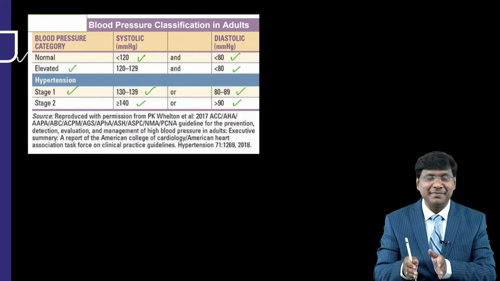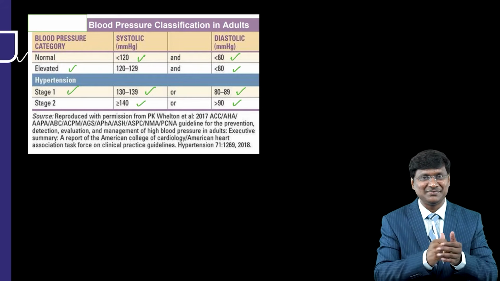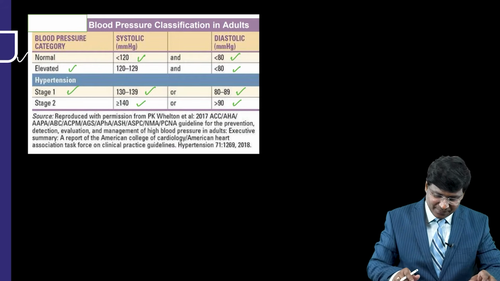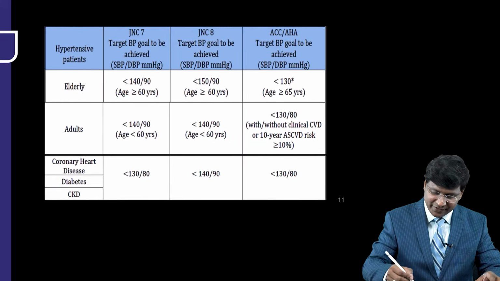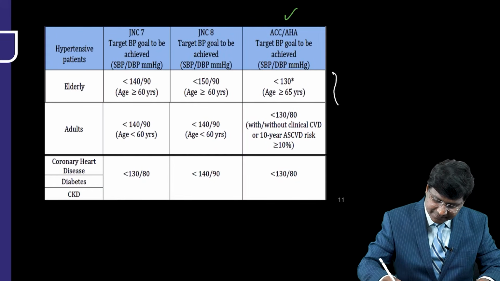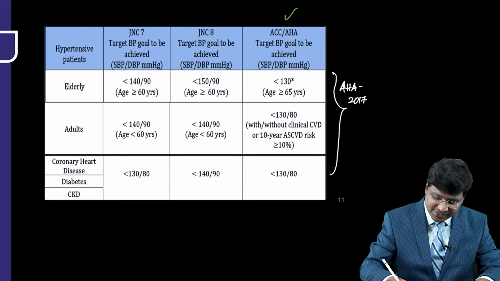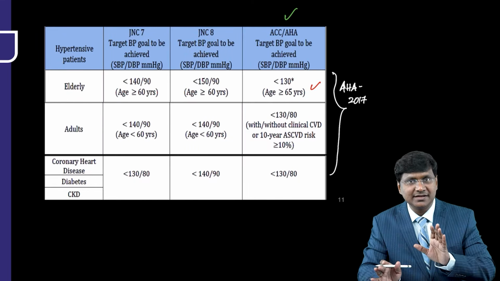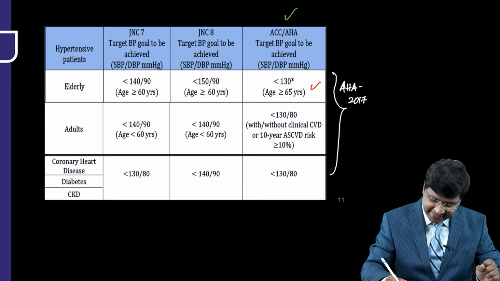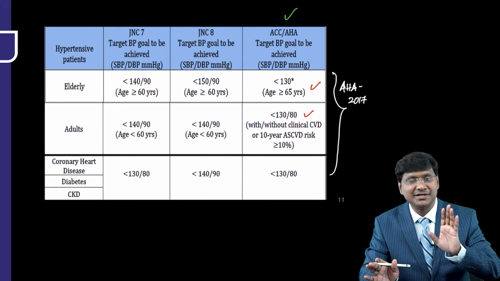Now, let me compare the same values with the previous classifications, that is JNC 8 as well as JNC 7. So this is the comparison. This is what is given by the AHA, the American Heart Association, 2017 guidelines. According to these guidelines, less than 130 systolic blood pressure and less than 80 diastolic blood pressure is considered normal.